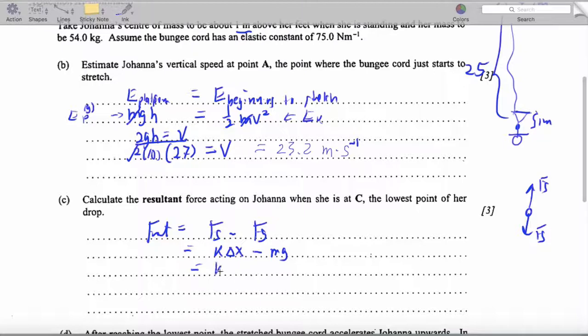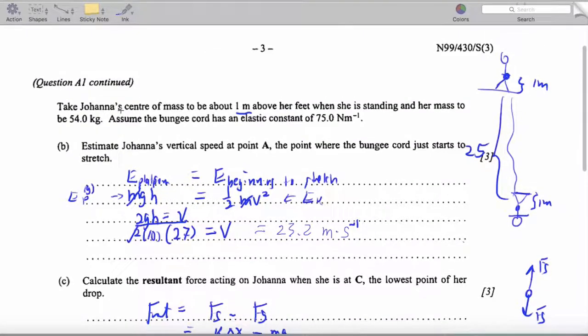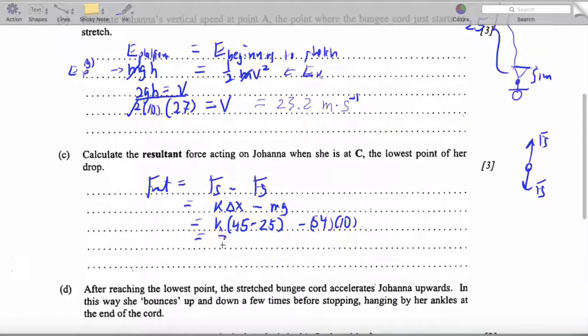The stretching distance is going to be the 45 minus the 25 from the equilibrium, minus her weight. Now we were told the K above is 75, so that's going to be 75 times 20 minus 540, and that ends up being about 1,500 minus 540. I think it's like 960. Yeah, 960 newtons.